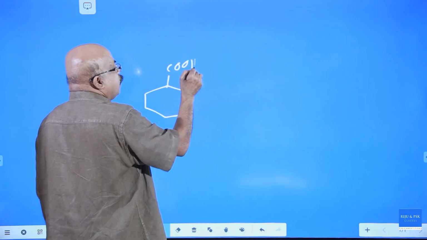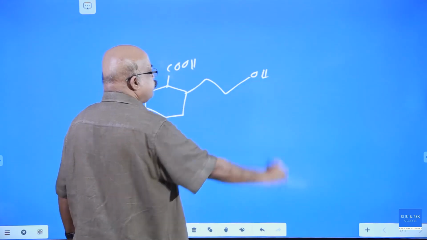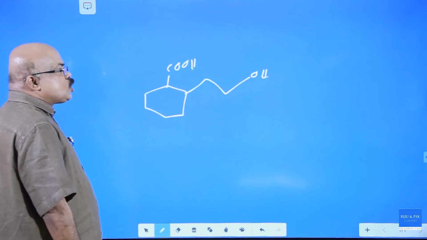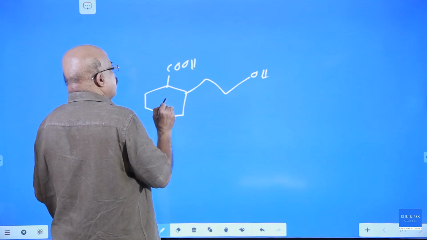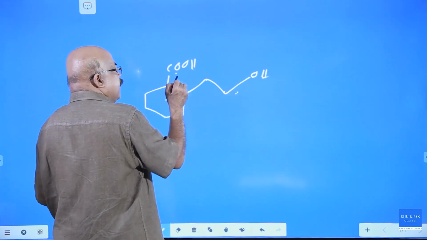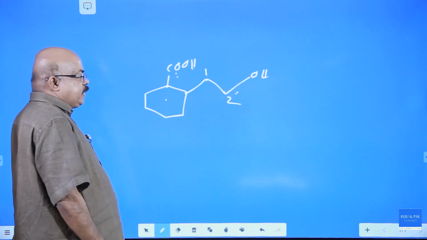Next is the COOH group, OH group. In this case, 6 carbon with COOH, 2 carbon with OH. This is the substituent. It is parent 1, 2. It is 2-hydroxyethyl.